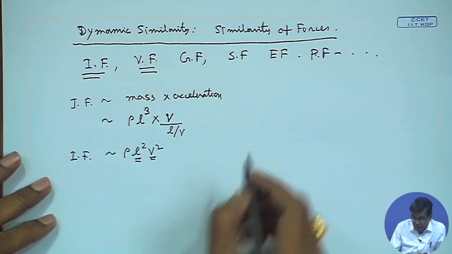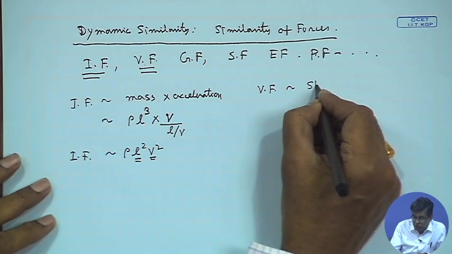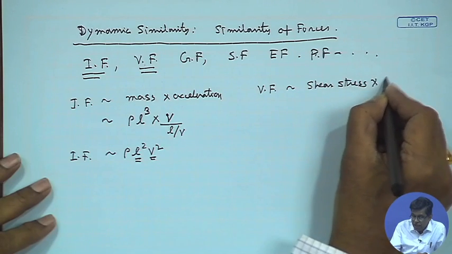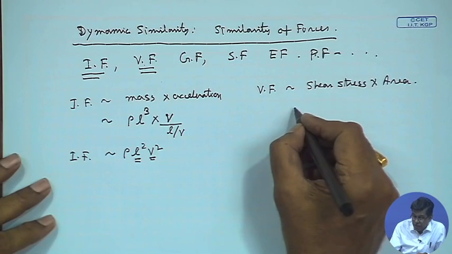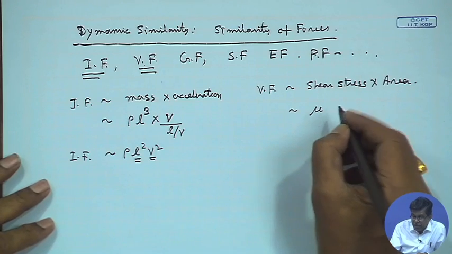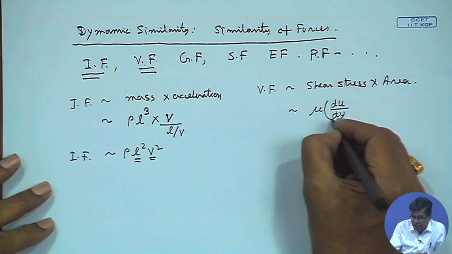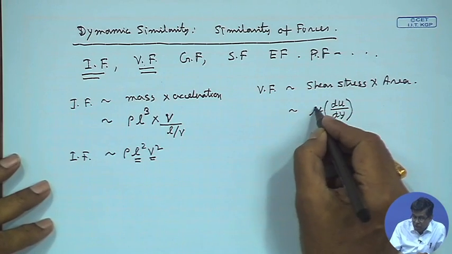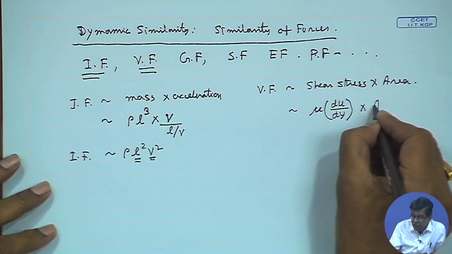Similarly, the viscous force can be written as shear stress times the surface area on which the shear stress is acting. Now, the shear stress from Newton's law of viscosity can be written as mu into the velocity gradient. For a very simple case, in a one dimensional flow where u is a function of y only and there is u component of velocity only, it is mu into du dy, into the area.